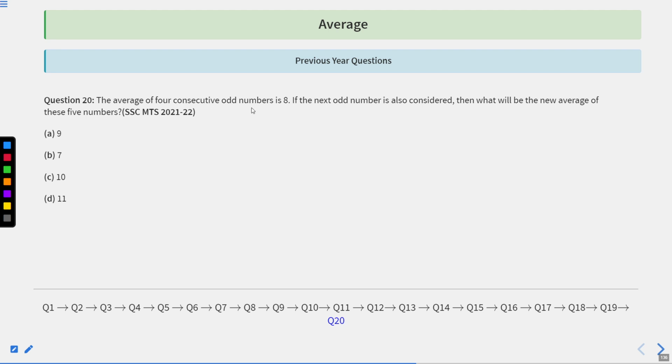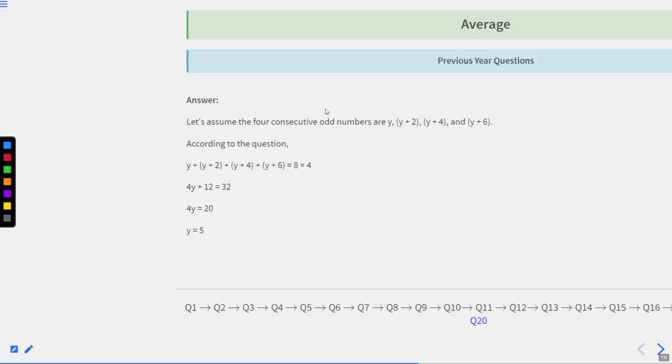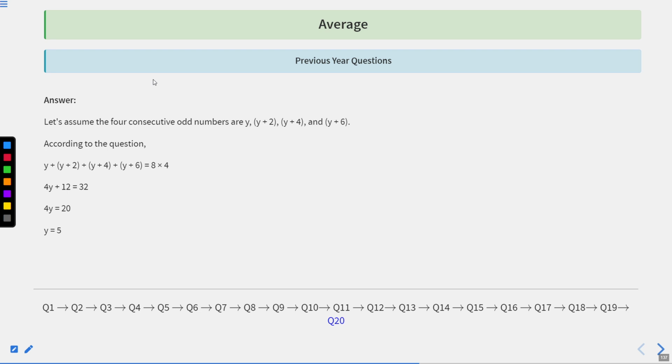Now, the average of 4 consecutive odd numbers is 8. If the next odd number is also considered, then what will be the new average of these 5 numbers? Let's suppose the 4 consecutive odd numbers are y plus 2, y plus 4, y plus 6, and y plus 8. According to the question, their sum is equal to 8 times 4.